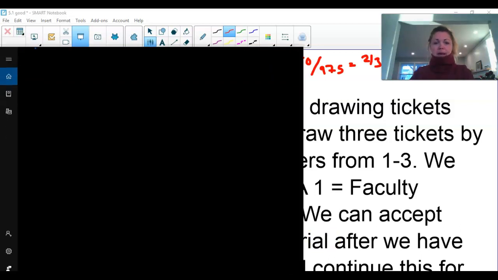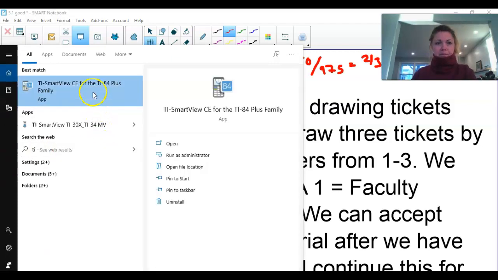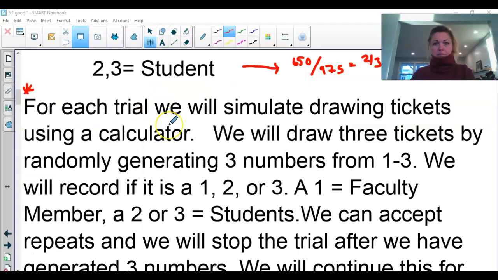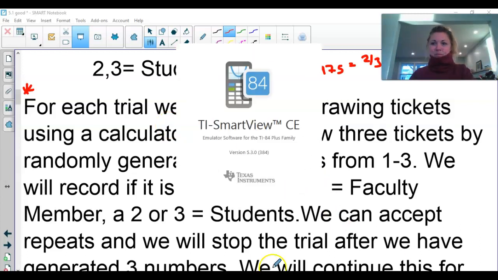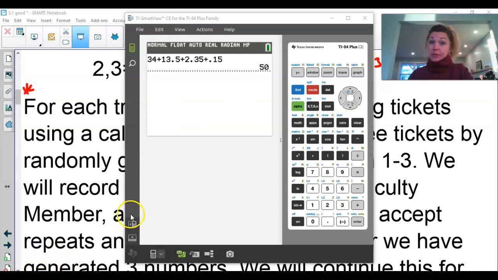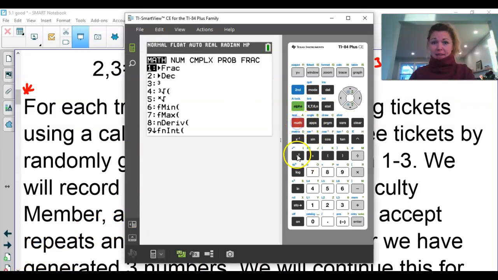Okay, so let's pull up our calculator. We should have our calculator open now, and what we want to do is hit math. We want to arrow over to PRB or PROB, like my calculator here. We want to generate random integers, so I'm going to go to number 5.